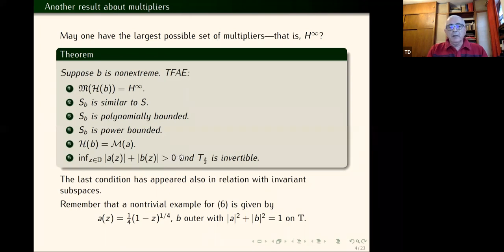And one thing that I also did, I think in the first course, you see I had this nice example that I kept bringing into discussion again and again, and it will appear today also. B(z) is equal to (1 plus z)/2. In that case, I showed that S_B is not power bounded.